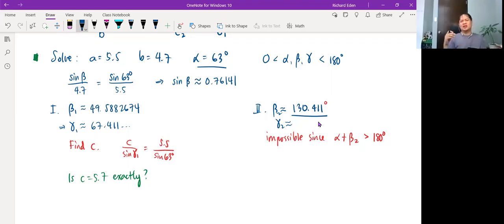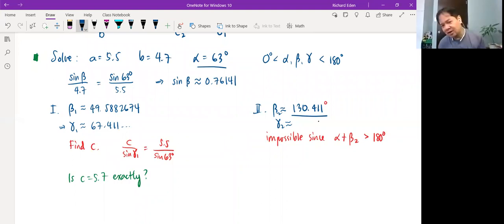So if you try to solve for gamma sub 2, it's going to be a negative angle. But we only allow for negative angles if we are not inside a triangle. Inside a triangle, the three angles have to be strictly between 0 degrees and 180 degrees. So the second case is impossible. The first is possible, and C is 5.7.